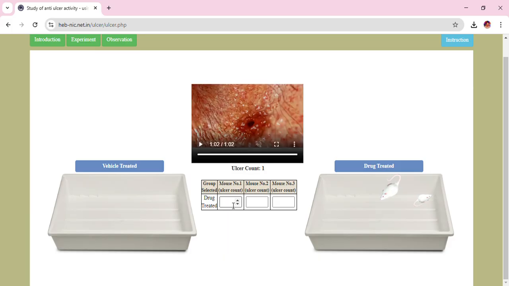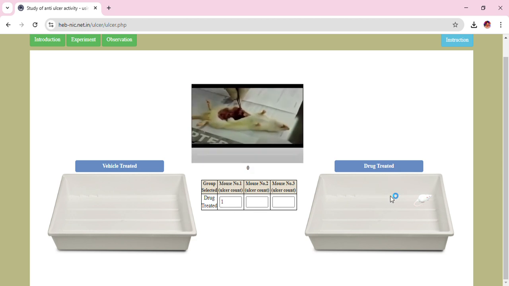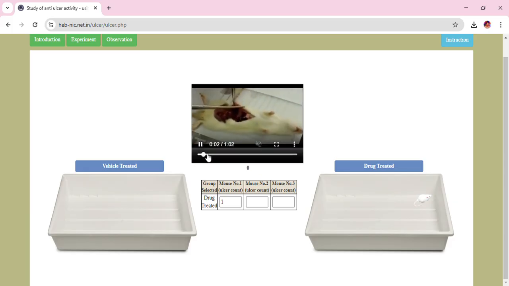Here the observation is 1. So for animal number 1 of the drug treated group, we get an ulcer count of 1. Okay, the same procedure should be followed for the next one.